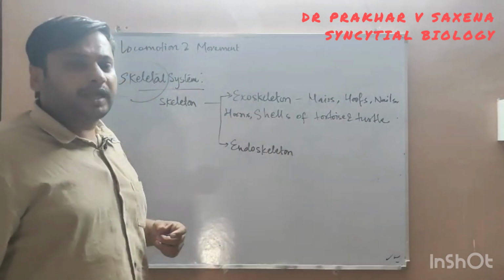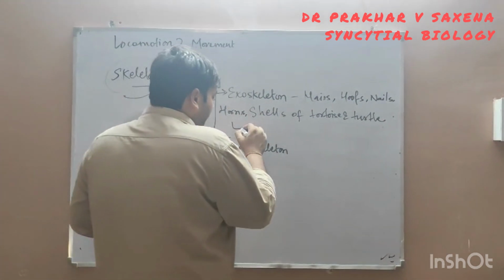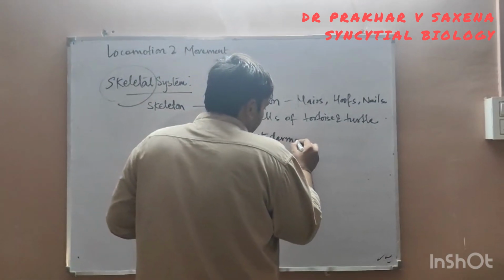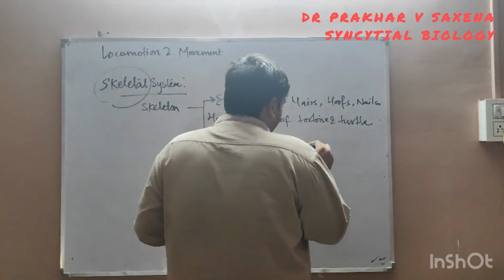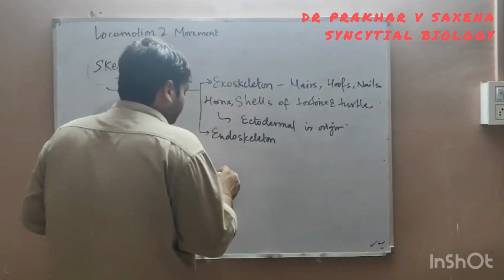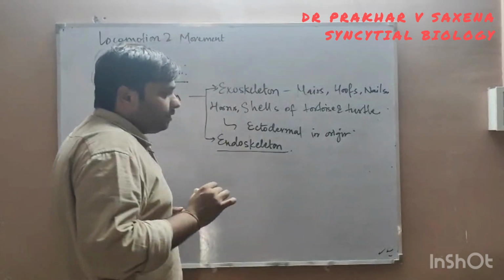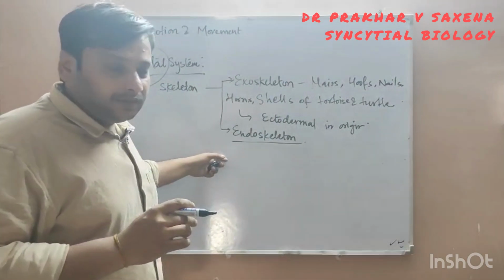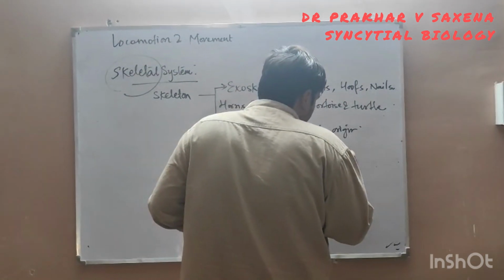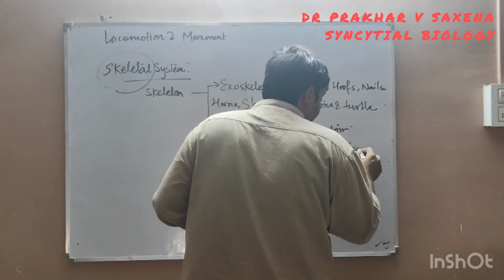Now this exoskeleton is ectodermal in origin. Now what comes under endodermal? Oh, endoskeleton, sorry. In endoskeleton lie all the bones and cartilage which are inside the body of an organism.